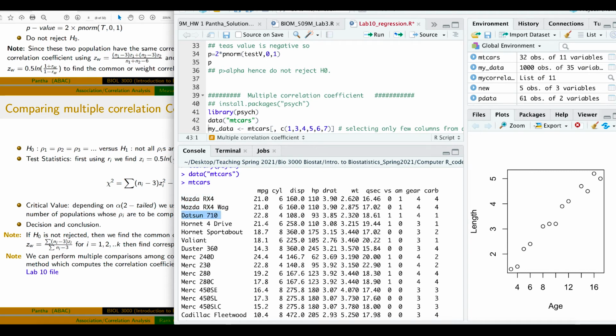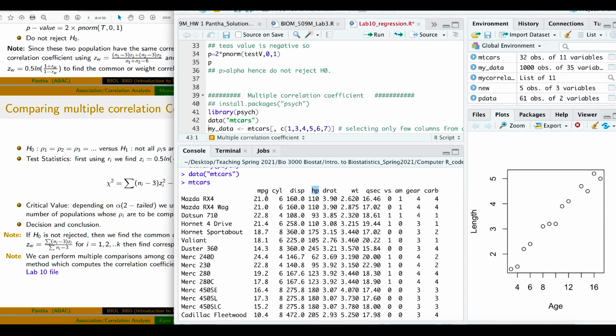For each of these car models, you have many variables here: miles per gallon, cylinder size, displacement, horsepower, weight, and gear, all these. Now what we want to do is test if there is a relation between these. First, let us figure out which are the quantitative data.